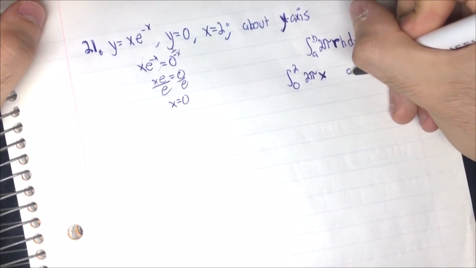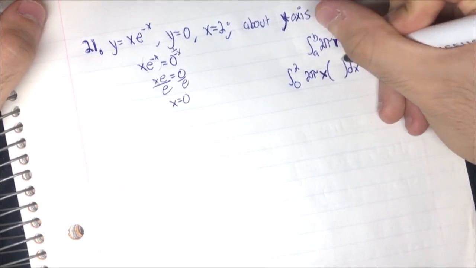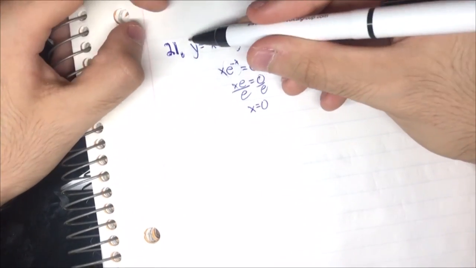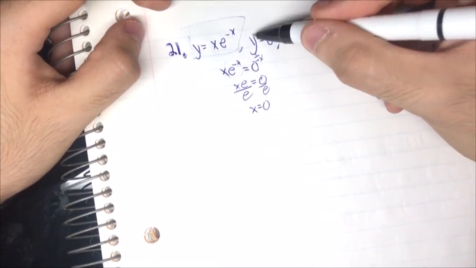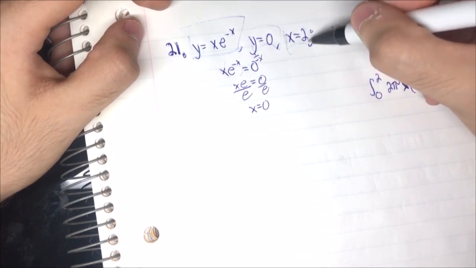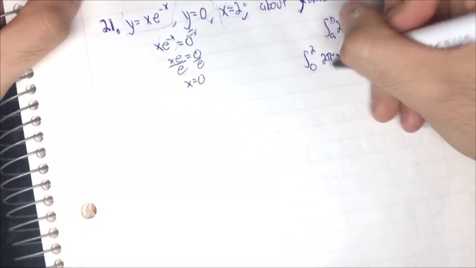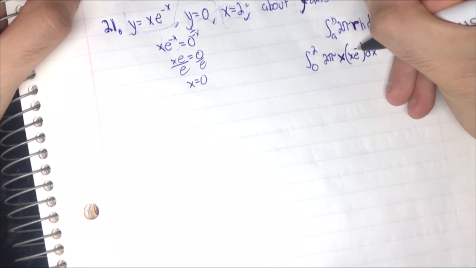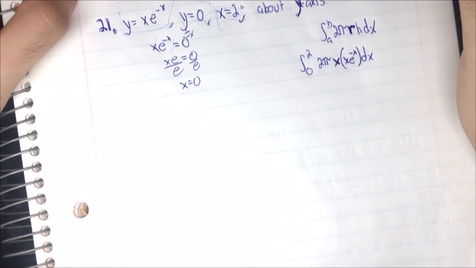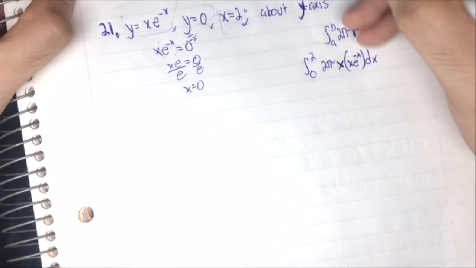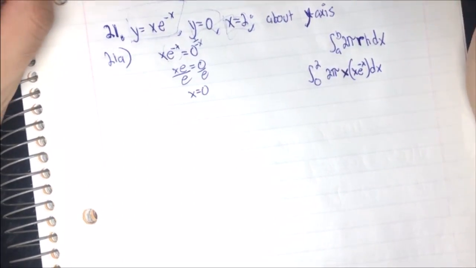So we're focusing on this, so that means this is dx, and then it's being multiplied by the height, and then this is the height. This is 0, and this was the bounds stuff, so this is all we have left. Cool. That's the answer for number 21A. Alright, so let's move on to 21B.